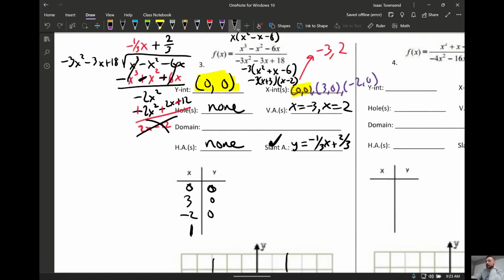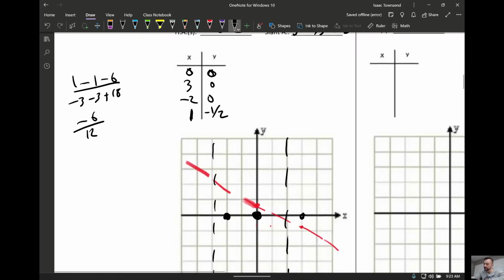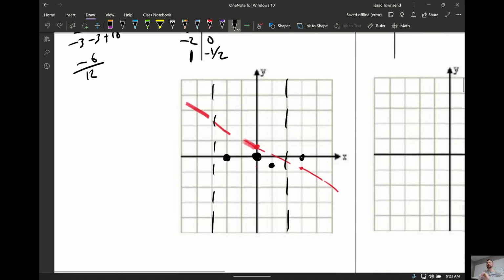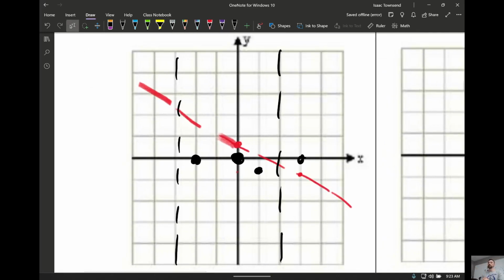If I plug in 1, I would get 1 minus 1 minus 6 over -3 minus 3 plus 18, so -6 over 12, which is -1/2. Nothing special about x equals 1 other than I figured I could do it without a calculator.